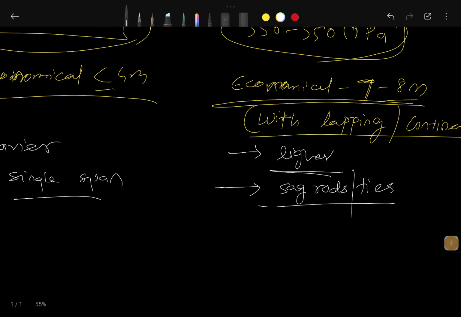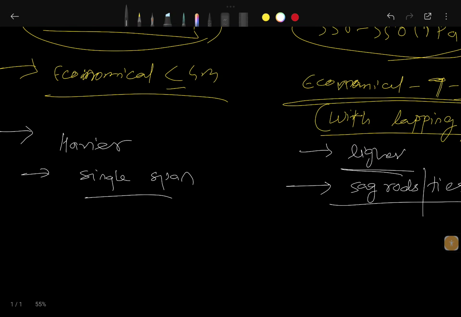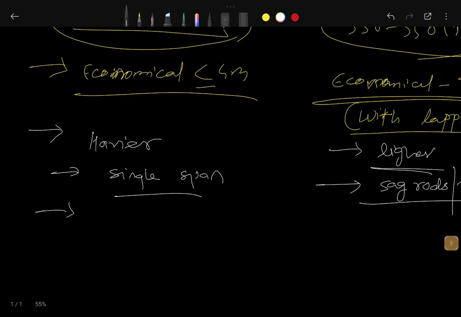If you see, this hot roll section is less sensitive in stiffness because it is stiffer and thicker.